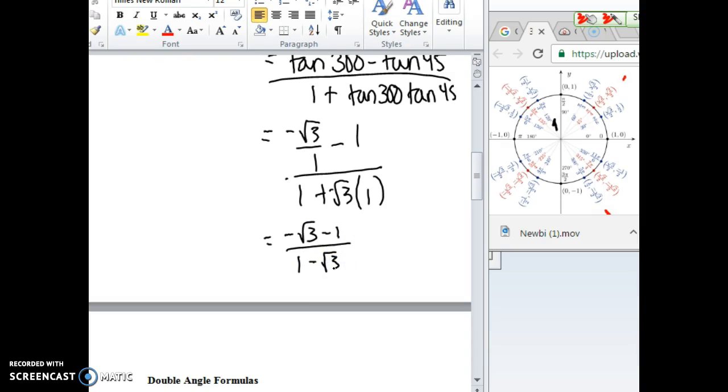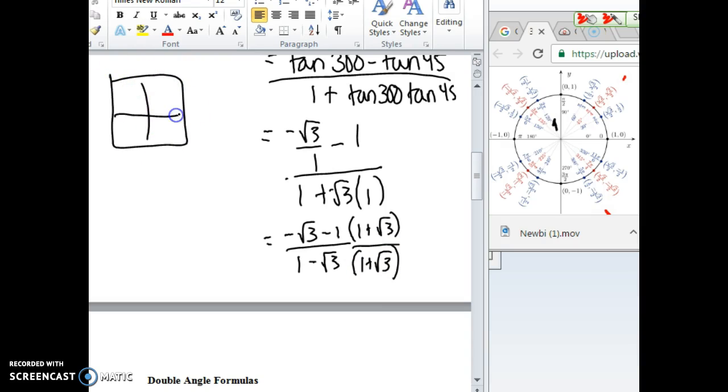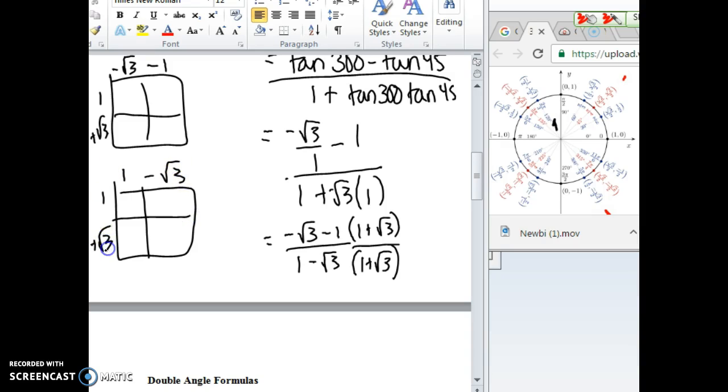Well, that's not going to be okay. So let me do some simplification. I'm going to multiply this by 1 plus root 3 over 1 plus root 3. Making some area models off on the side. Negative root 3 minus 1 times 1 plus root 3. That's the numerator area model. Denominator area model. Some of you don't need to make those. These cancel. 1, negative 3.